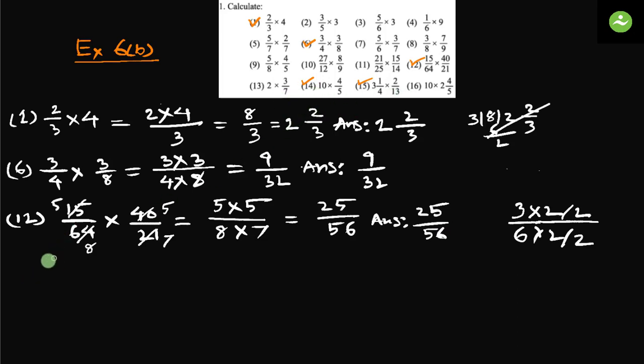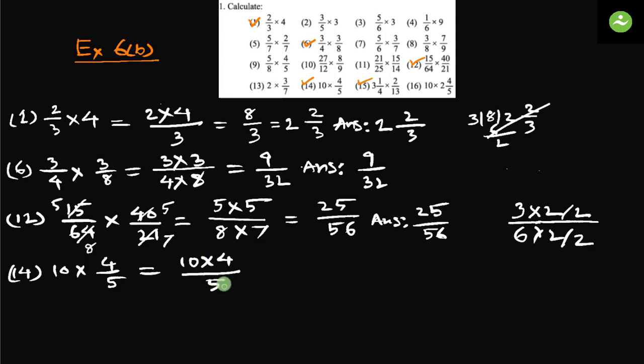Now number 14. 10 into 4 over 5. We can write 10 into 4 over 5. The new denominator will be 5 and the numerator will be 10 into 4. But before we write the answer, we can reduce it.